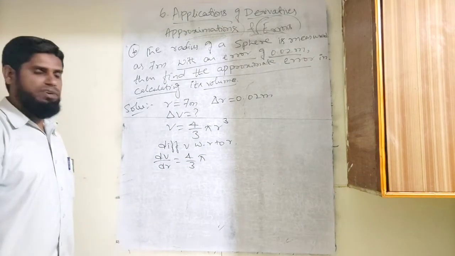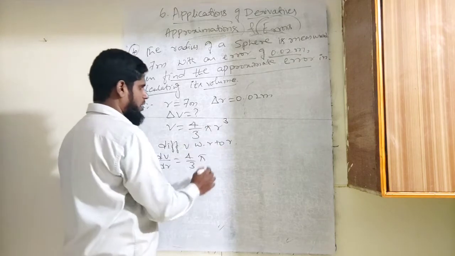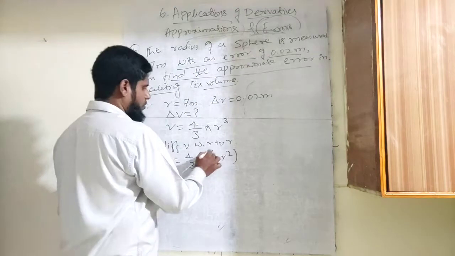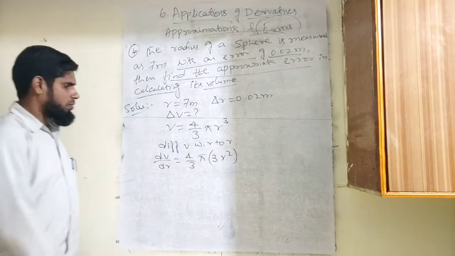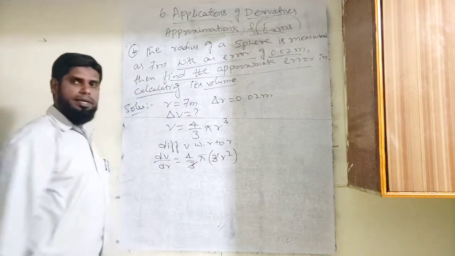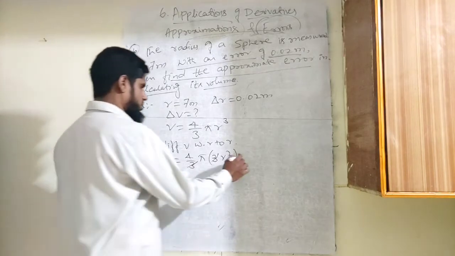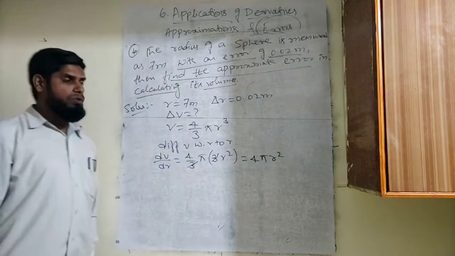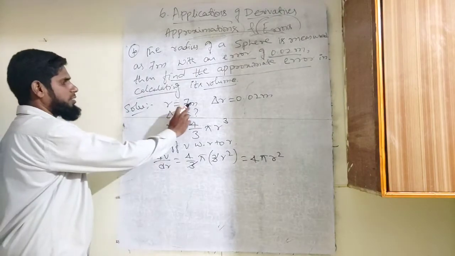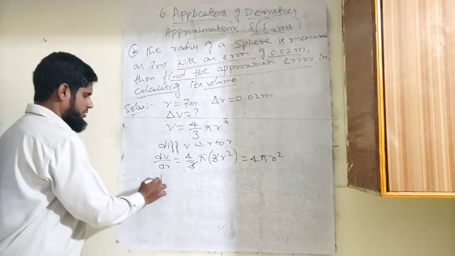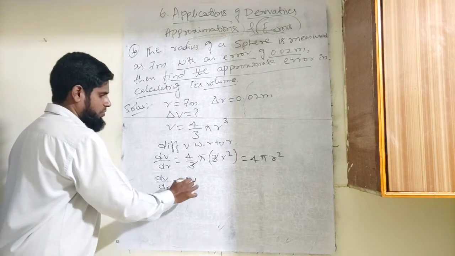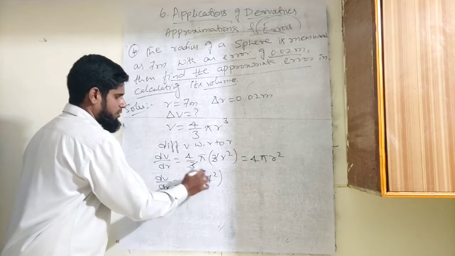It is a coefficient. Now derivative of r cube is 3 into r square. Okay, now numerator and denominator get cancelled. So you get 4 pi r square. What is the value of r here? 7. So dV by dr is equals to 4 pi 7 square.